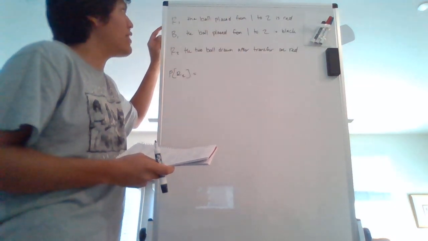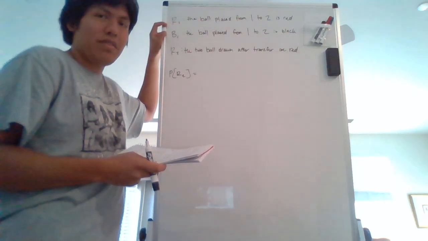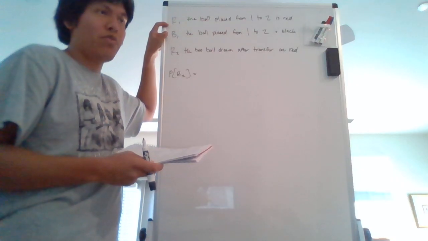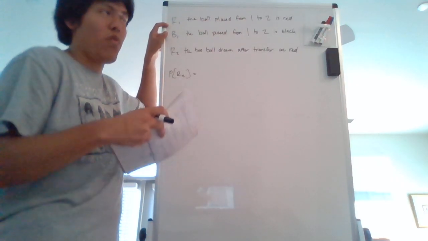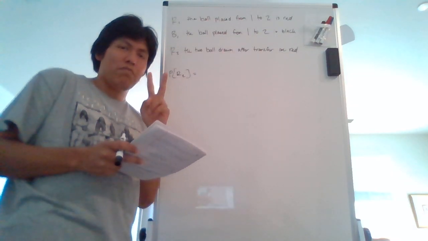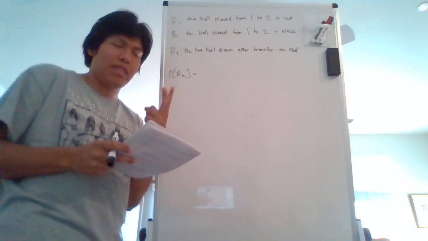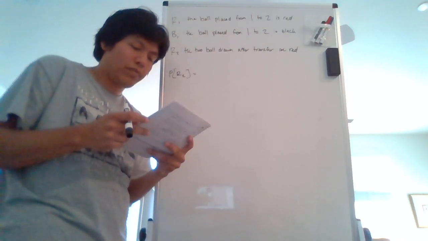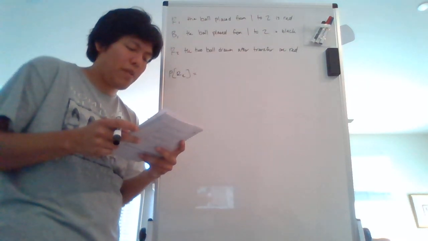what we can say is that these 2 things, they can't happen at the same time, right? Either the ball that was transferred was red from 1 to 2 or it was black. That makes them mutually exclusive, right? Because they can't happen at the same time. It's either one or it's the other.